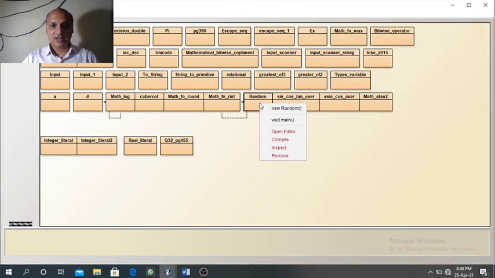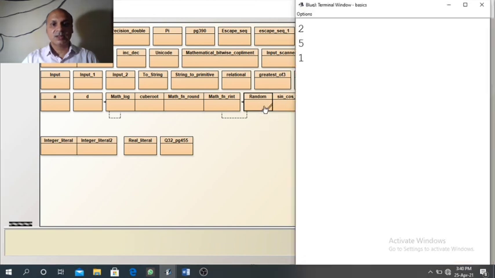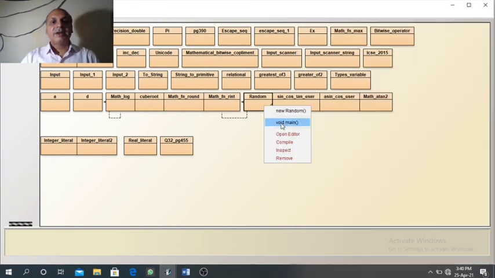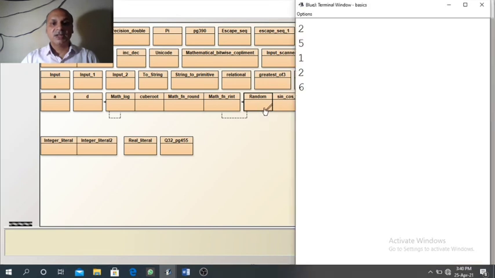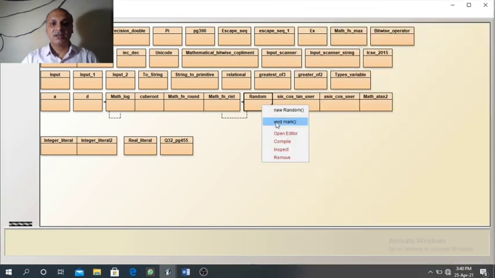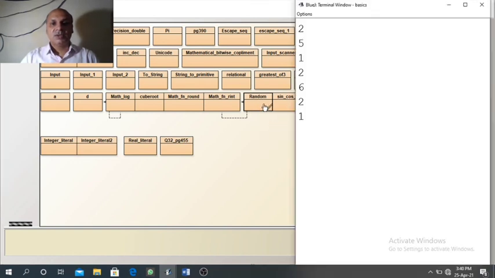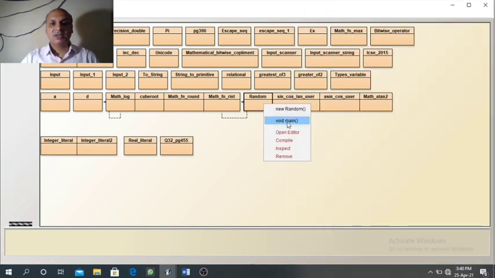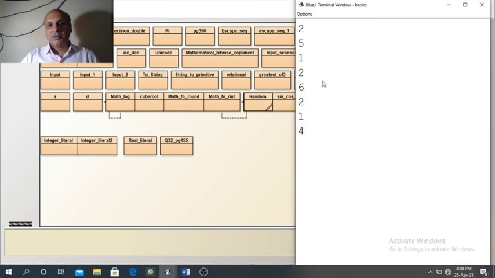So see, one by one I am executing it. Range is 1 to 6, but exactly which number will appear, that we cannot say or we cannot predict. So you would have noticed many times I have executed, and we have got so far 1, 2, 4, 5, 6. 3 we have not got.